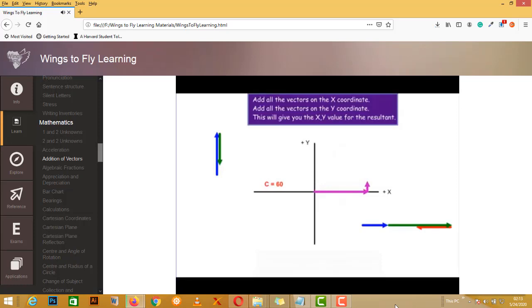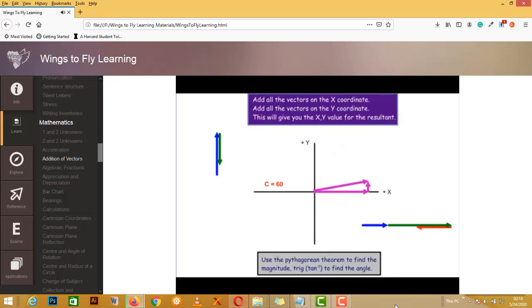Just move it over here at the end of the x-axis. And so our resultant is actually this vector right here. And now you can use the Pythagorean theorem to find the magnitude of that vector, and then we'll be using the tangent function to find its precise direction.